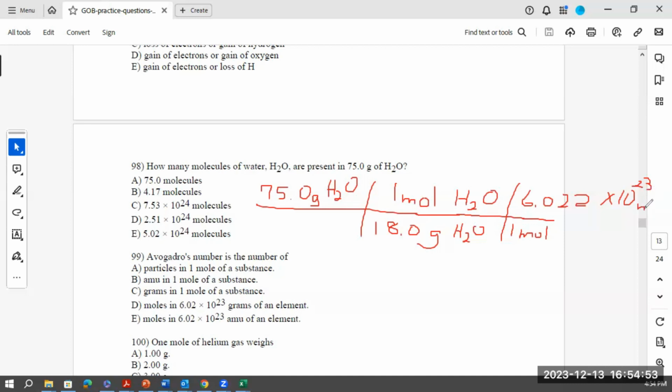And that's molecules. Ran out of room. That's molecules, okay, not moles.